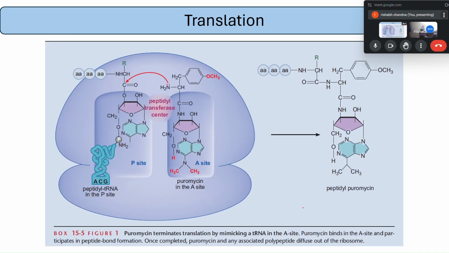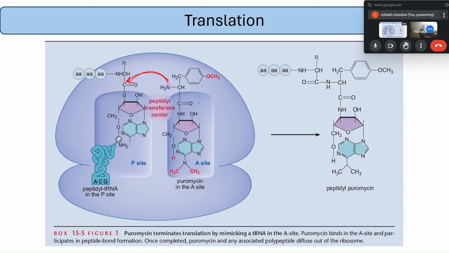Now this is how the puromycin structure is. This has a structure similar to the tRNA that binds to the amino acid. So puromycin binds to the A site instead of a tRNA that carries the amino acid, and it initiates the peptide bond formation, and then what happens?